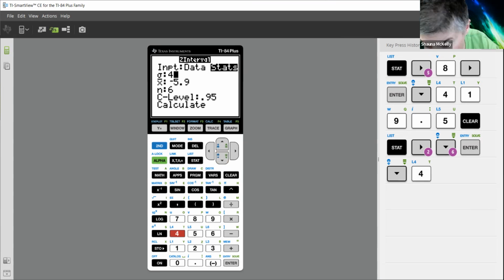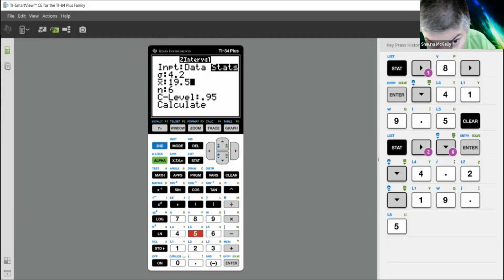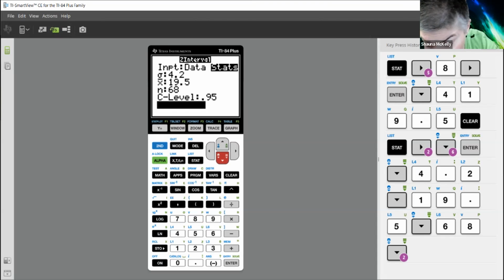In this case, you're using 4.2 because, like I said, your sample size is so big. X bar is the sample mean, which is 19.5. Your n is 68. And your confidence level is 90.